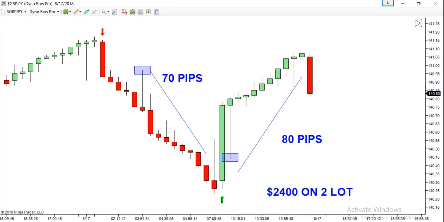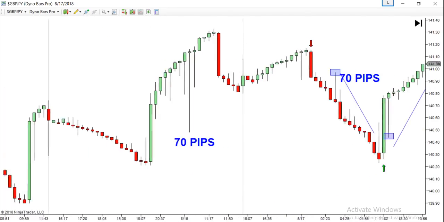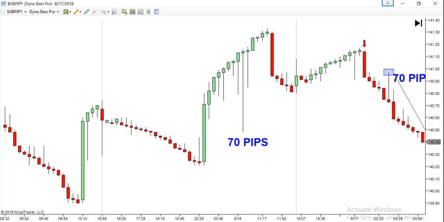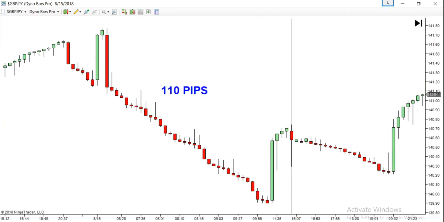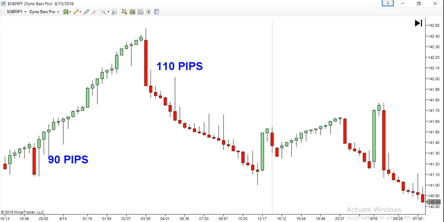Right? If we comb through the week, if I squish this in and we take a look at the rest of the week, day before that, day before that, are you really telling me that people are not able to make 300 pips, 500 pips, 1,000 pips a week?